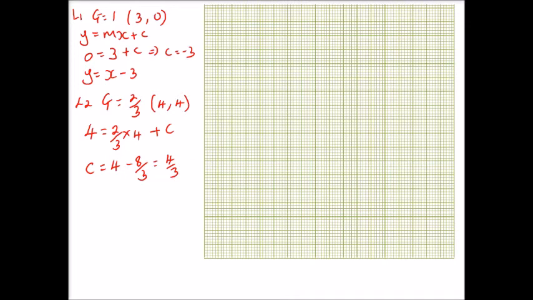So our equation is y equals the gradient, which is 2 over 3 of x, plus 4 over 3. So we now have the equations, and we need to find where the two lines intersect.